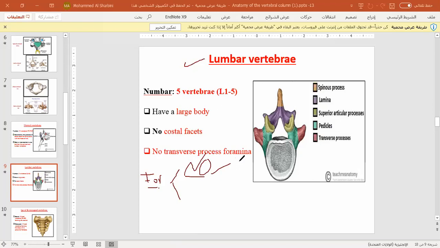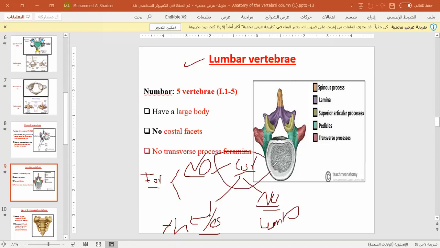The costal facet. Yes or no? No. If yes, it would be thoracic. No, so lumbar.